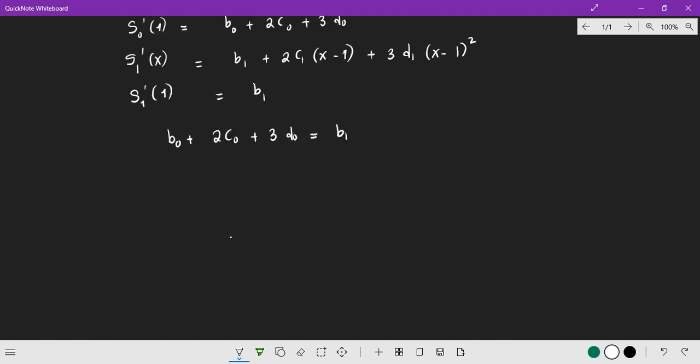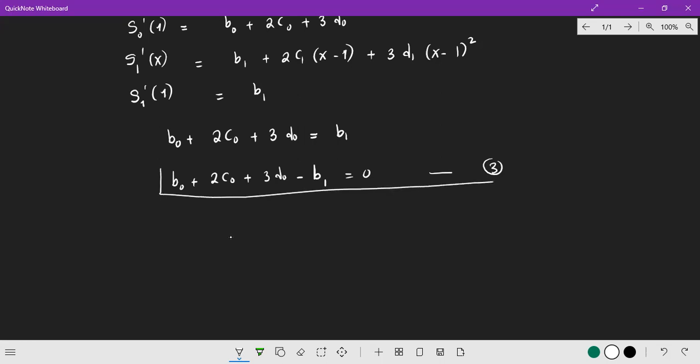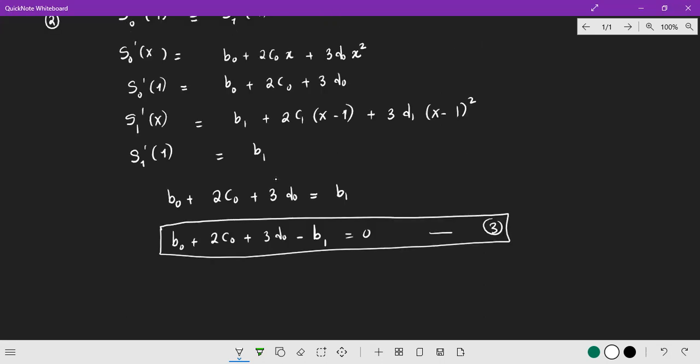This can also be rearranged as b naught plus 2c naught plus 3d naught minus b1 equal to 0. So this is my equation number 3. Remember that we have found 2 unknowns so far, so we are remaining with 6 unknowns. Okay, so we have exhausted that condition.